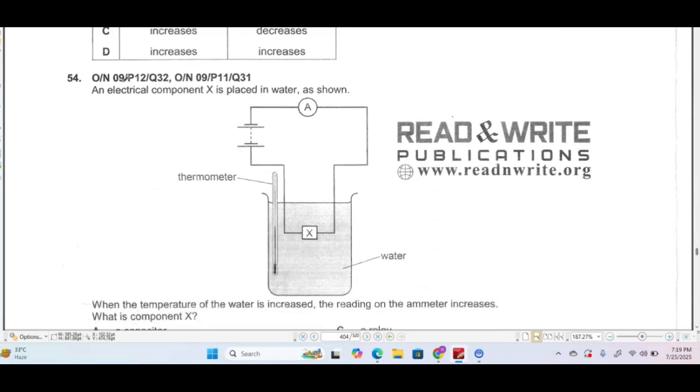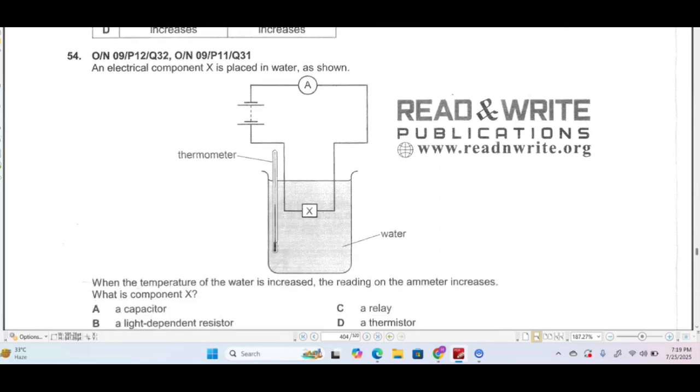Question number 54. An electric component X is placed in water as shown. When the temperature of the water is increased, the reading on the ammeter increases. What is the component X? Now, we know that it would be something that has to do with temperature, and when the temperature is increased, its resistance is decreasing, and as resistance and current are inversely proportional to one another, the current over here is increasing.